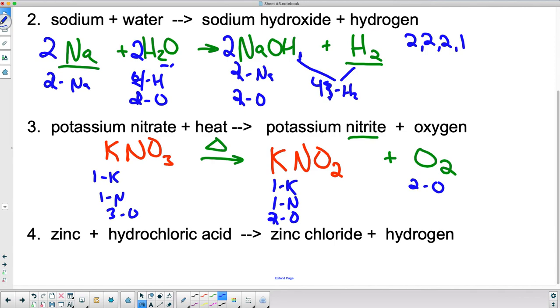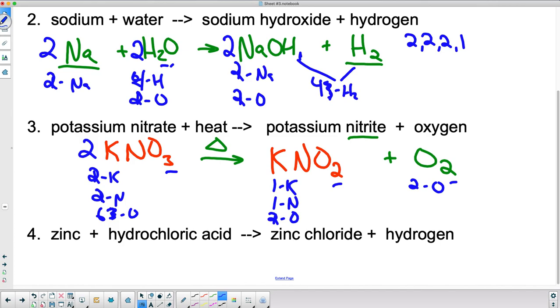So if I have 2 oxygen here and 2 here, I have an even number. So how do I get an even number on the left-hand side when I have 3 oxygens here? That's easy. I do what I always do in a situation like this, which is double the number of odd oxygens I have. If I put a 2 in front of the whole compound, that means I have 2 Ks, 2 Ns, and 6 oxygens.